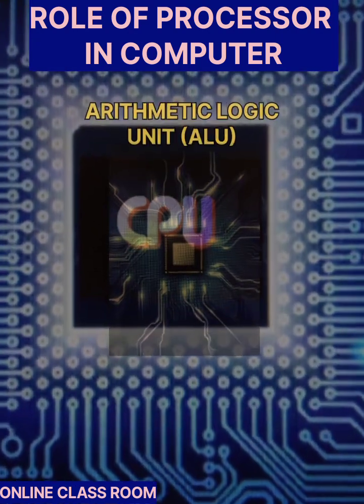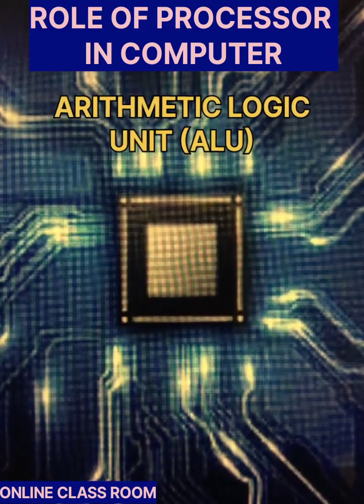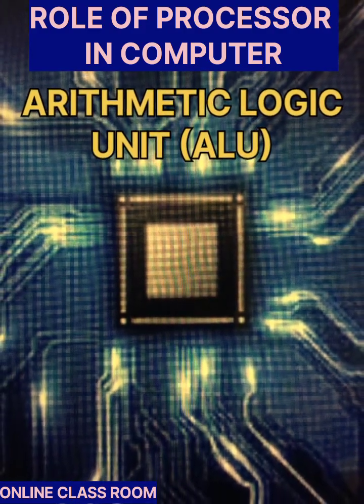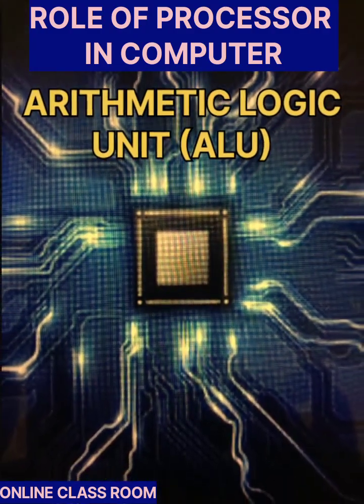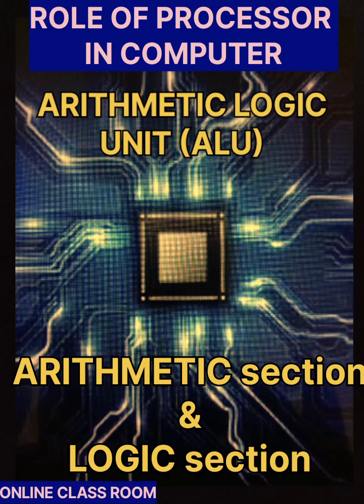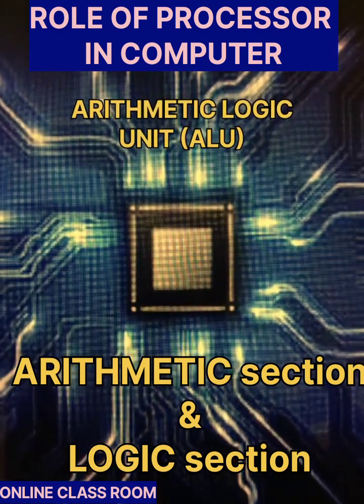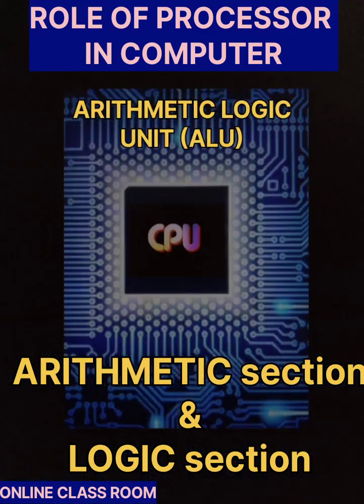Number 3. Arithmetic logic unit or ALU. The arithmetic logic unit is tasked with executing arithmetic and logical operations. It is divided into two main parts: arithmetic section and logic section. Arithmetic section handles arithmetic operations such as addition, subtraction, multiplication, and division.